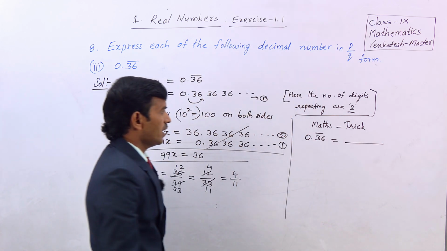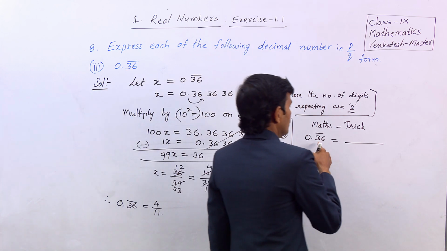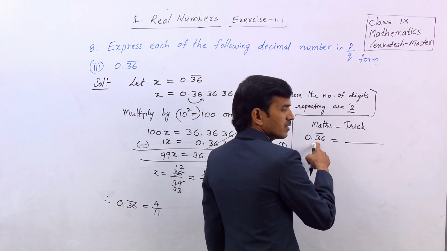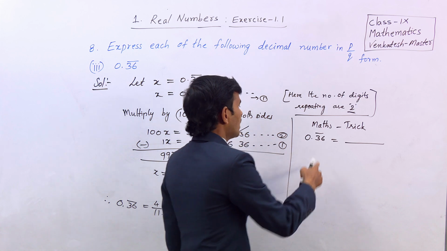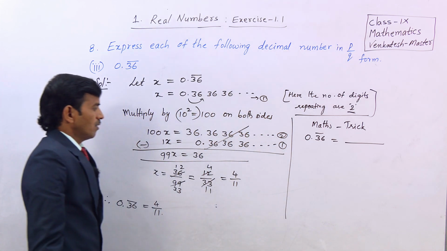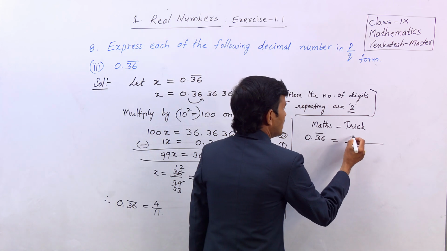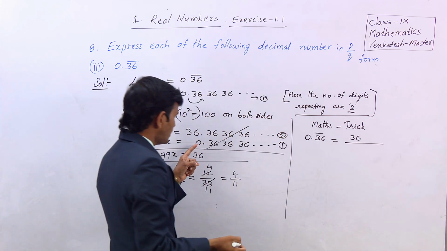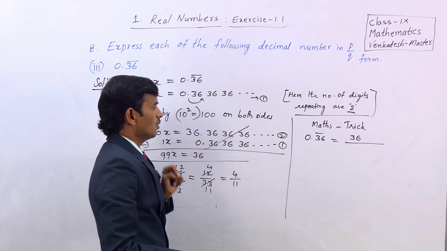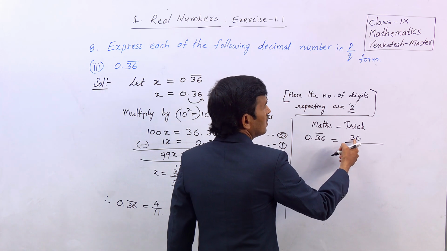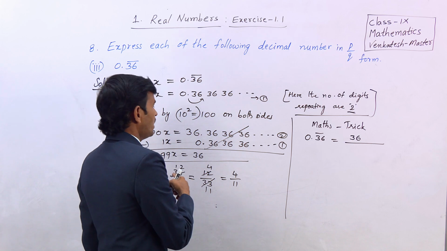How many digits are there? 2 digits are repeating. So we can write the same digits in the numerator, same as 36 we are writing, and is any digit being subtracted from that? No. So 36 comes in the numerator.